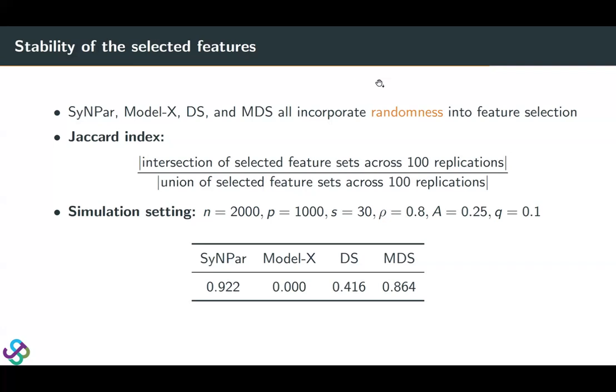Surprisingly, SyNPar has a much higher advantage over other methods. Model X has a Jaccard index of 0 because sometimes it returns 0 features, while SyNPar has very high consistency because SyNPar only changes the threshold tau q, while the beta hat j from the original data's coefficient estimates stay the same.